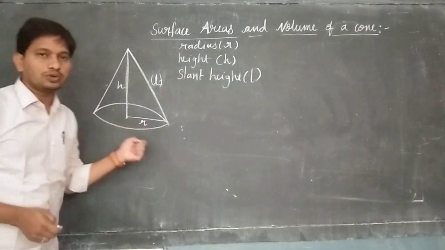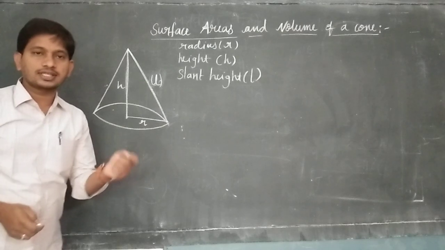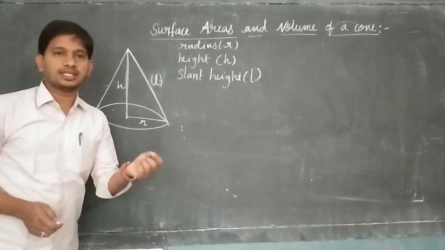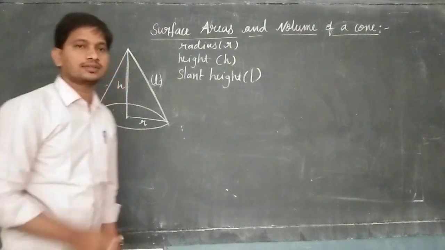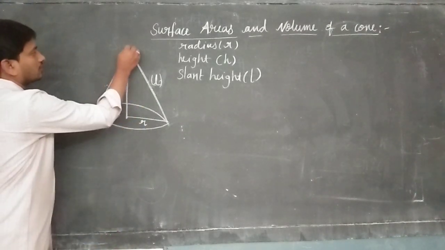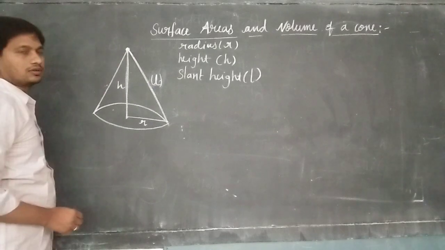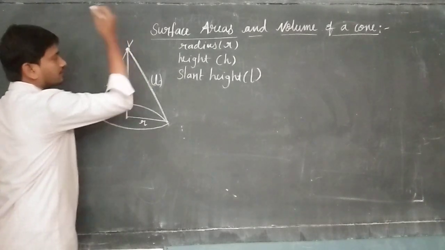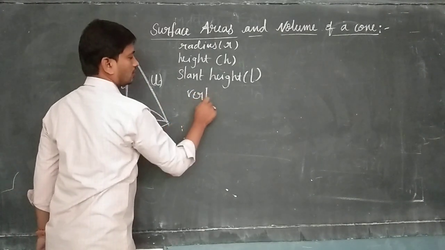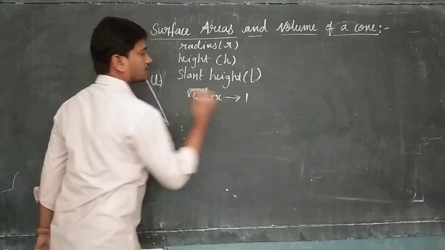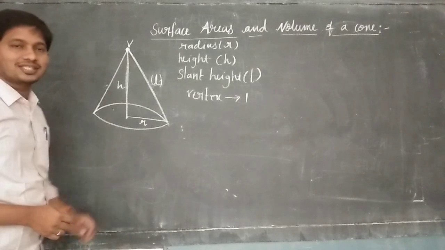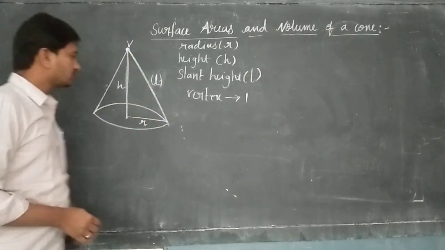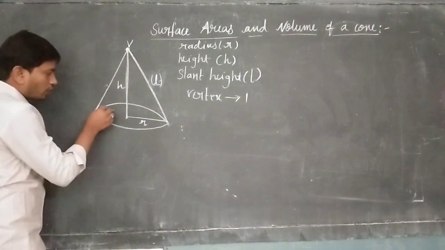Coming to the number of faces, vertices and edges of a cone, it has only one vertex. So this is our vertex. And it has two faces.